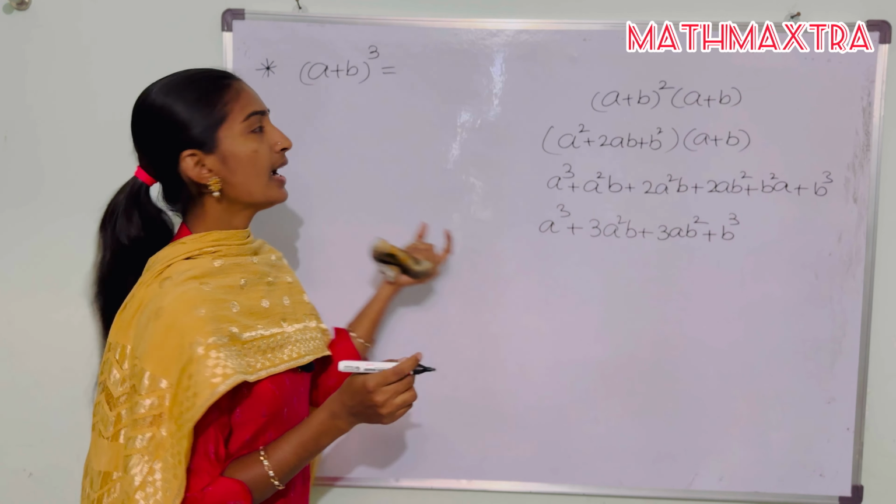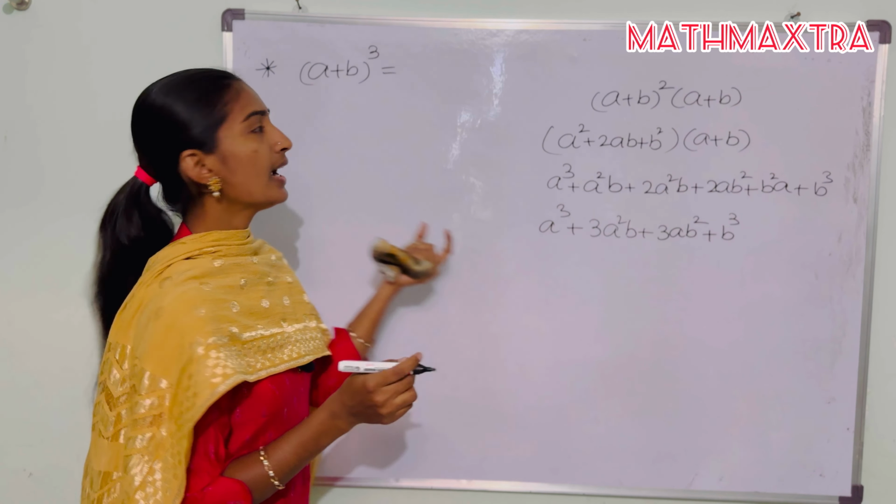Simply a cube plus 3a square b plus 3ab square plus b cube. Okay. You can calculate a minus b whole cube value. What is a minus b whole cube? Which is a cube minus 3a square b plus 3ab square minus b cube.